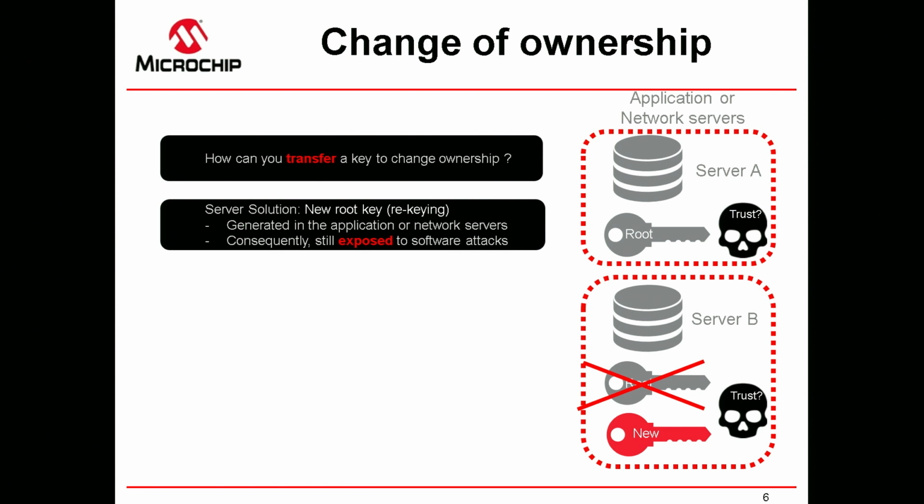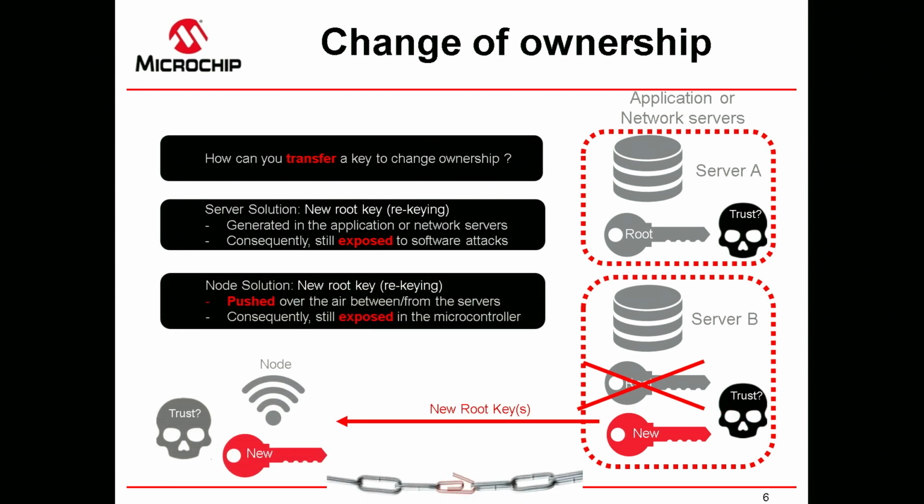It's not very well proven or backed up. We have a problem of trust between server A and server B and how we transfer that key. Then, furthermore, the issue goes down to the end nodes, because if we don't have the trust at the roots, that problem of trust is going to be broken all the way down to the edge node.